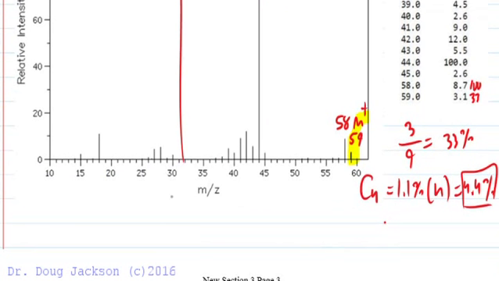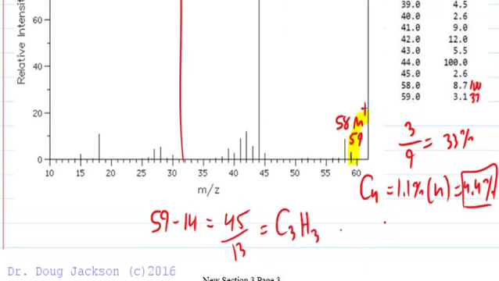Well, we know there's a nitrogen, so we have 59, nitrogen weighs 14, and that's going to give us 59 minus 14 is 45. Divide by 13, and we get 3. So C3, H3, we need to add some hydrogens in because of a remainder, and then nitrogen.